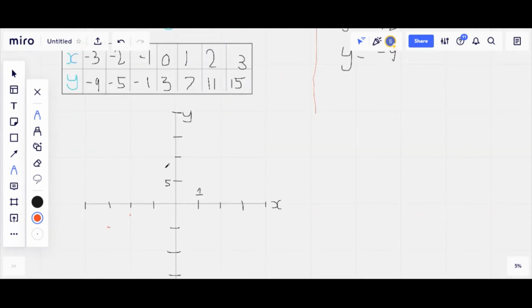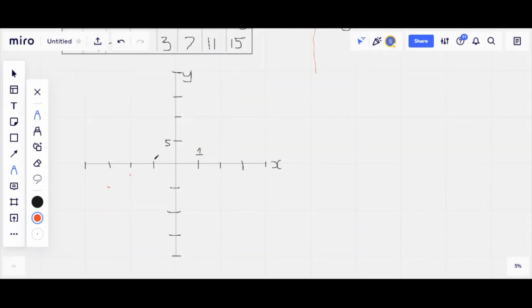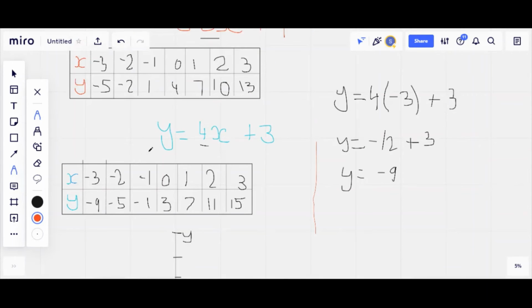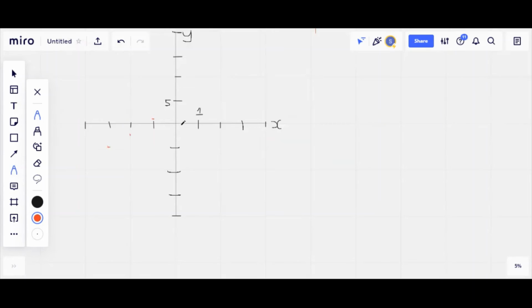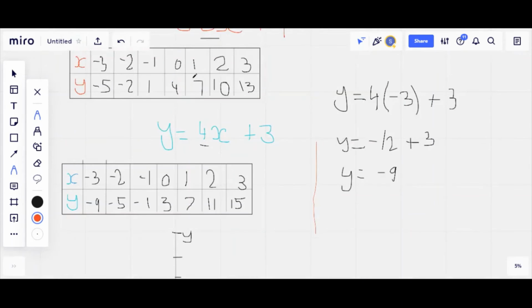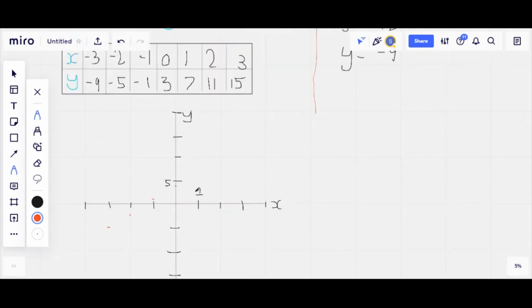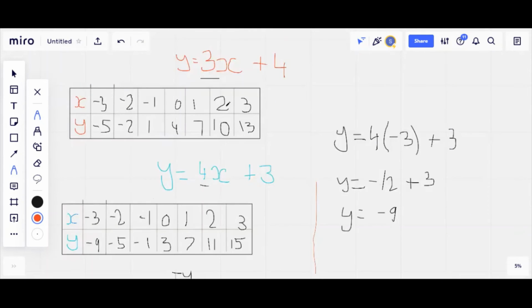Got -1 and 1, so -1's here, and then 1 will be around there somewhere. Got 0 and 4. 1 and 7. 2 and 10.